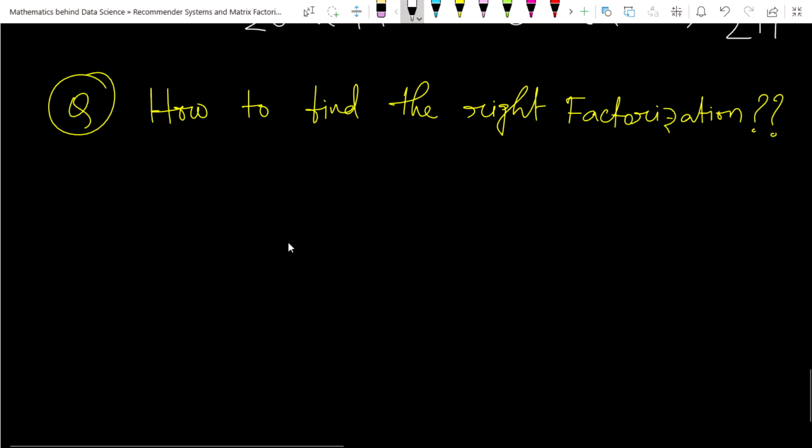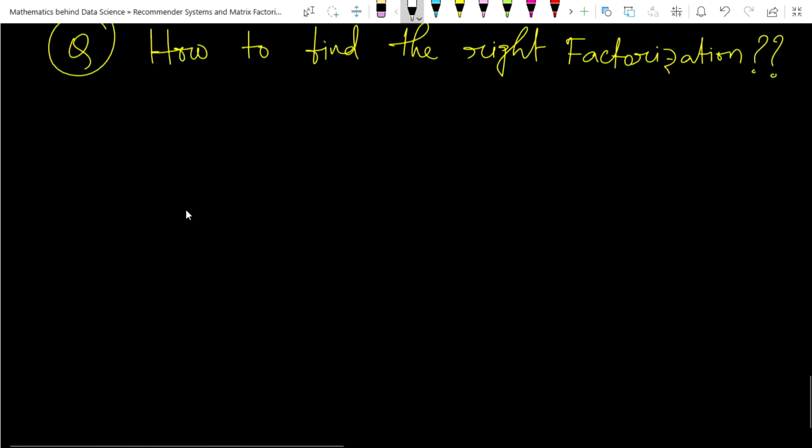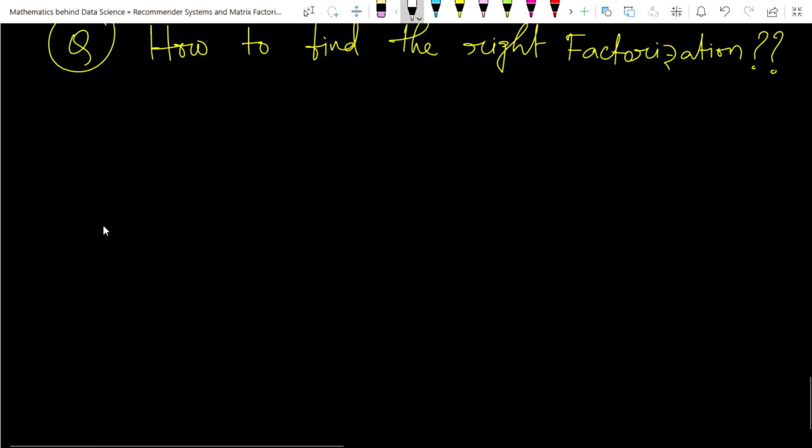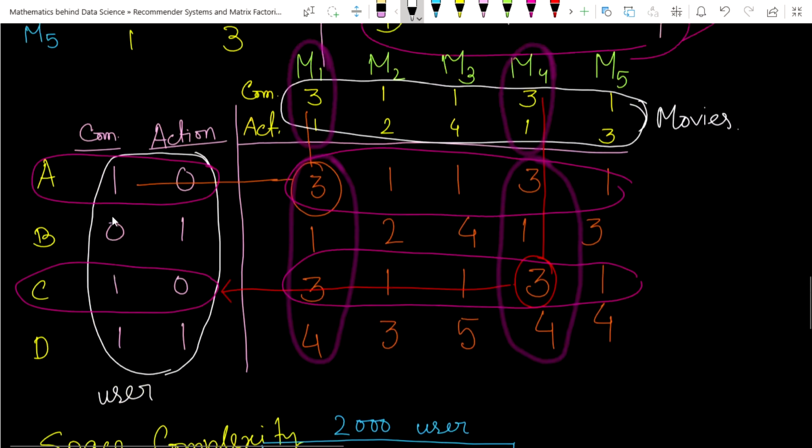Somehow we have to predict, so we will use a randomized algorithm here. It's better if we denote these two matrices.